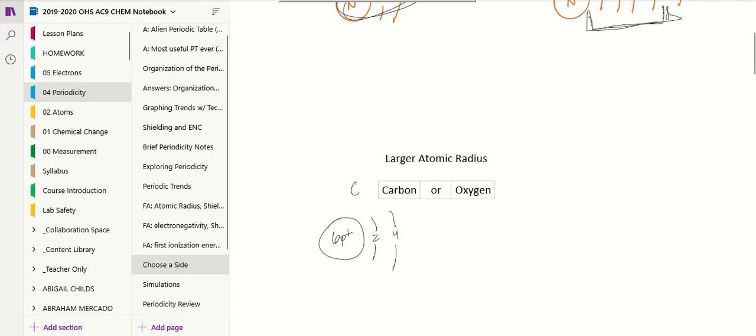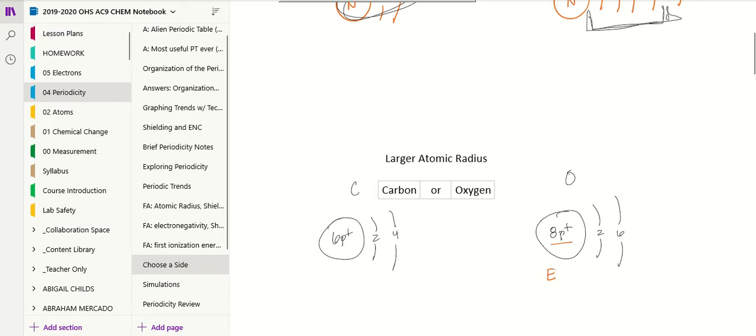So here's carbon. Oxygen, on the other hand, has how many protons? 8 protons in the nucleus, 2 electrons in the first, 6 in the second. So, if you look at the attraction between the nucleus and valence shell, which one has more attraction, carbon or oxygen? Oxygen has 8.